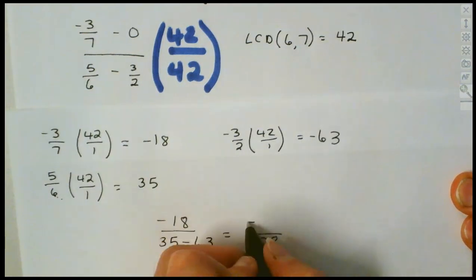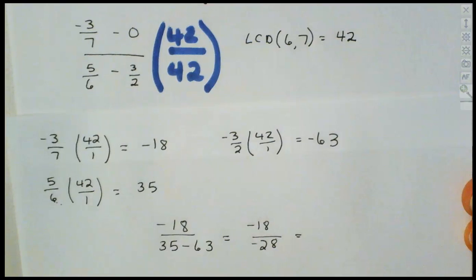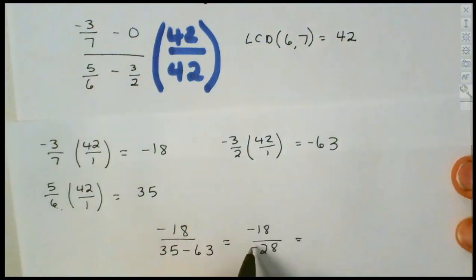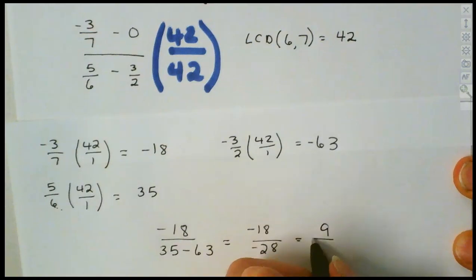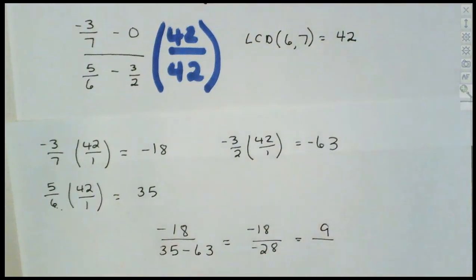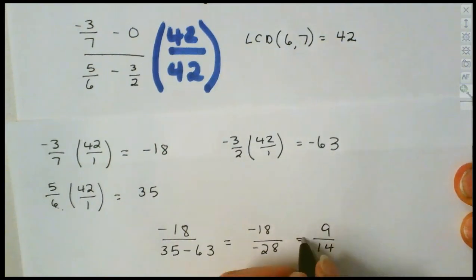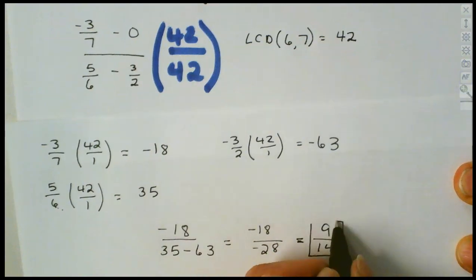Over negative 18. We can reduce this down because they're both even numbers. And negative over negative makes it a positive. So that's going to be a positive 9 over 14. Positive 9 over positive 14. That would be your final finished answer.